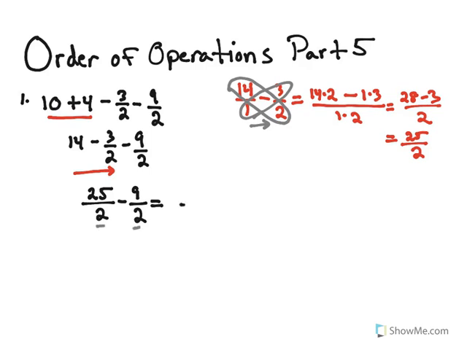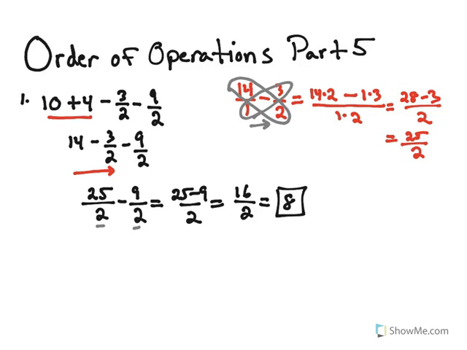So we can write this as one fraction and just perform the operation of 25 minus 9. So 25 minus 9 would be 16. You divide that by 2, and you will get positive 8 for your solution. So that would be your answer.